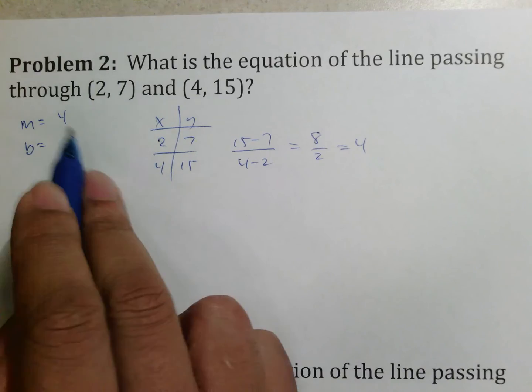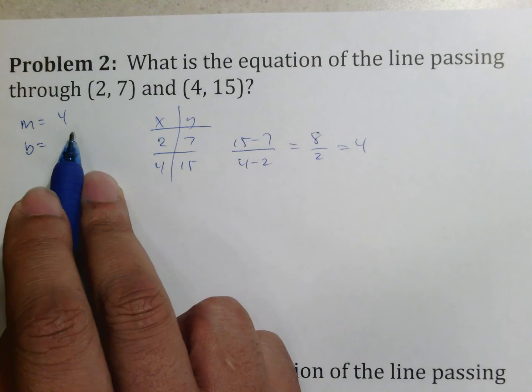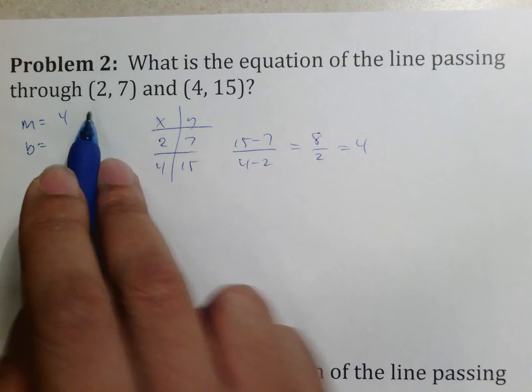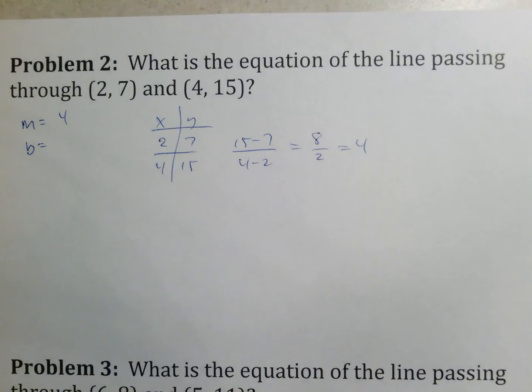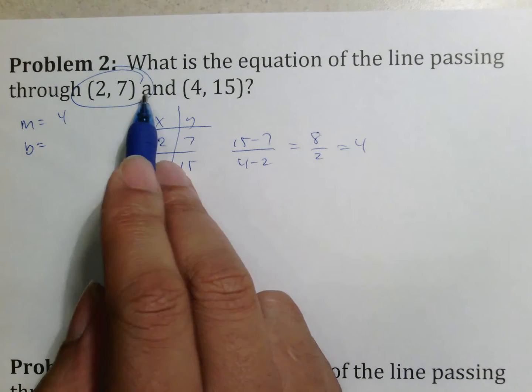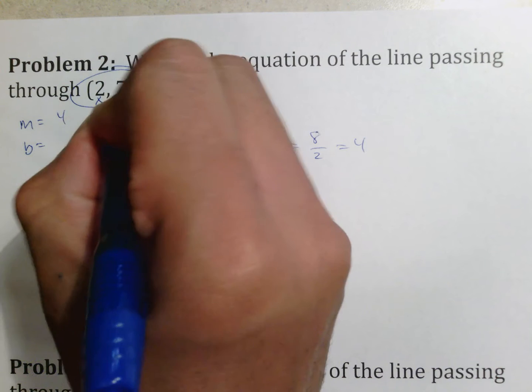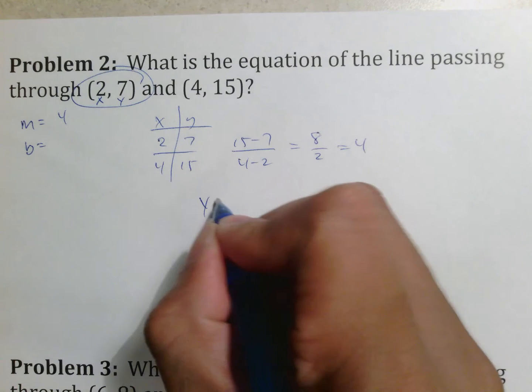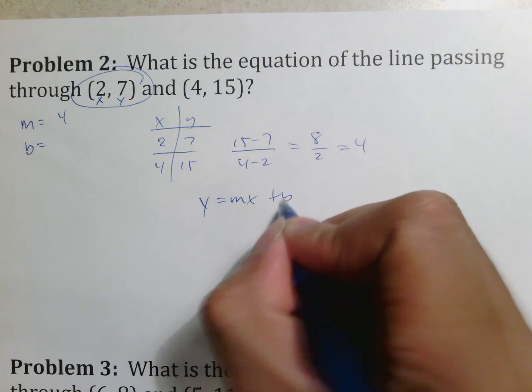Now that we have a slope, it becomes like last week's work, where all I have to do is choose one point. It does not matter which point I pick, and I'm going to work both of these points out just to show you it doesn't matter which one you pick. But usually what I do is I just circle a point, and that way my eyes know where to go. So for me, this is x and this is y. And I will write the formula y equals mx plus b.